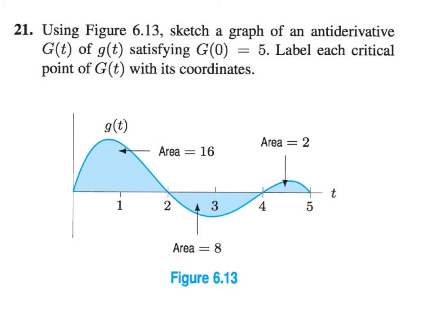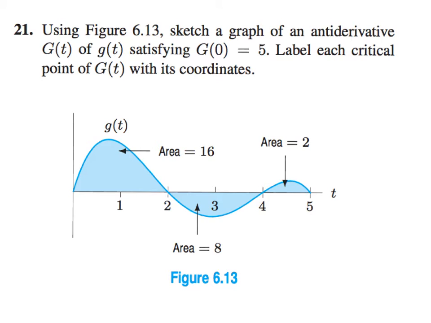That means the antiderivative actually becomes fixed through this. So let's read the assignment first. Using this figure below, sketch a graph of an antiderivative capital G of little g satisfying this. Again, this just has the effect that it fixes the antiderivative, as we've seen before. Then label each critical point of g of t with its coordinates.